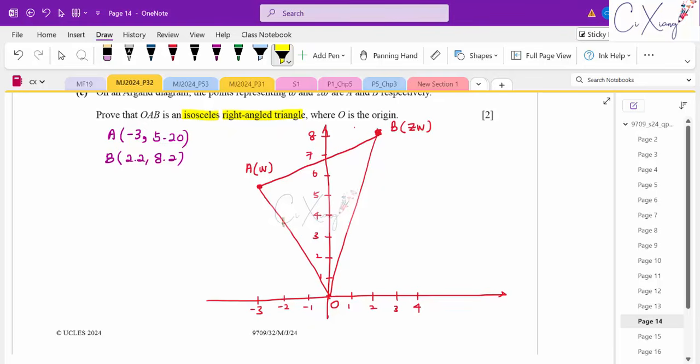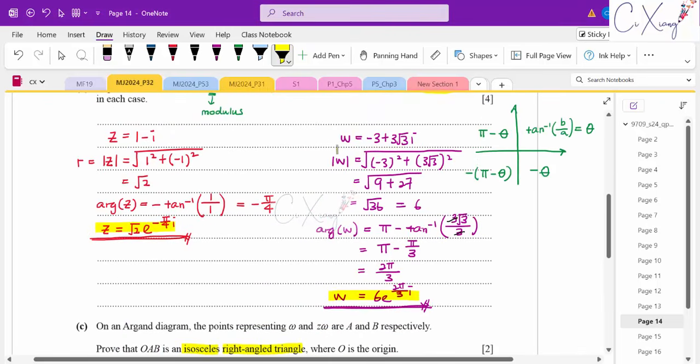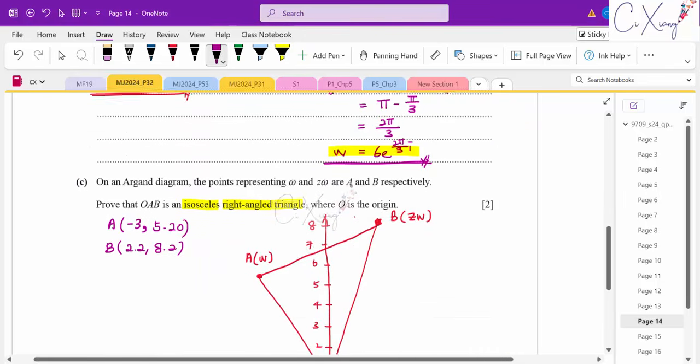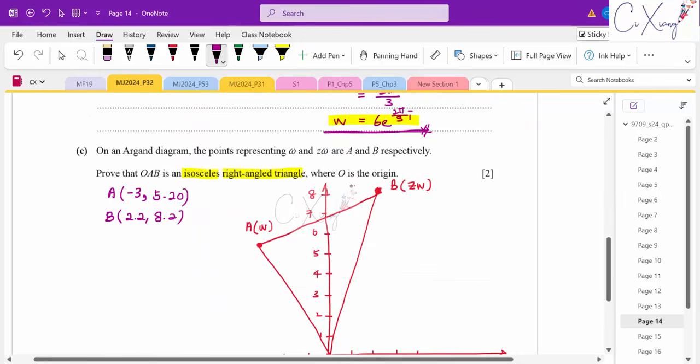Before we prove it, maybe I want to have a look at OA first. The length of OA is already known just now because it is actually the length of the complex number W, which I already know is 6. So I want to put it here as a reference for my calculation later. So OA is 6, this length.